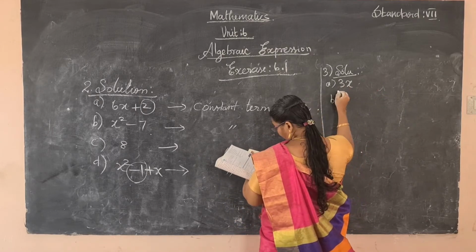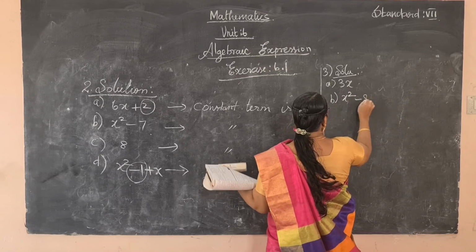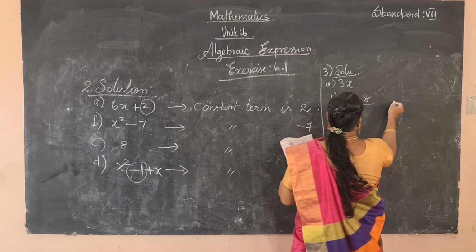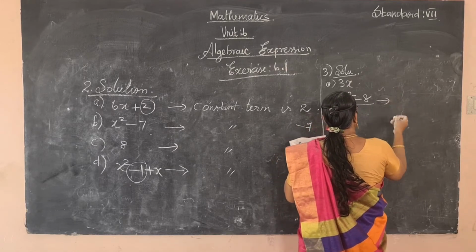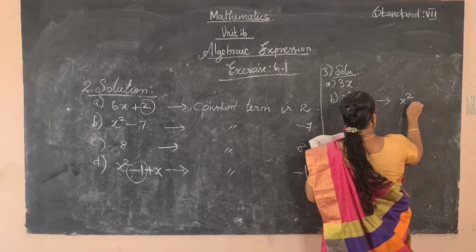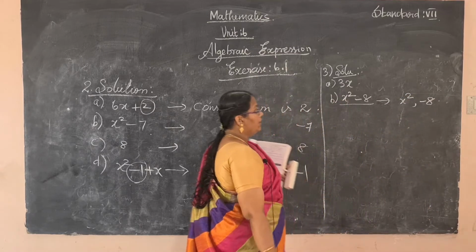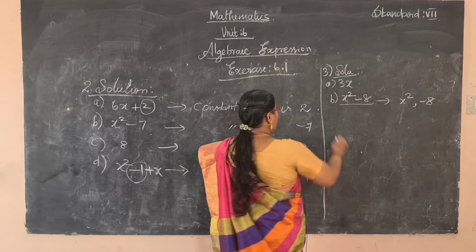And B, x squared minus 8. So here how many terms are there? 2 terms. It can be written as x squared comma 8. One is x squared, another term is minus 8.